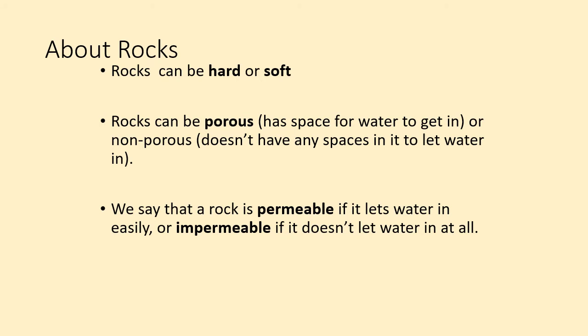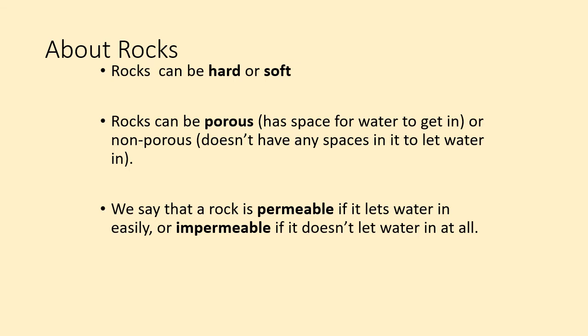The next set of words that we can use are porous or non-porous. A porous rock will usually feel quite rough, and it'll have tiny holes that allow water to get in. A non-porous rock is one that doesn't have these tiny holes, and it'll feel a lot smoother, and it will not let any water in.